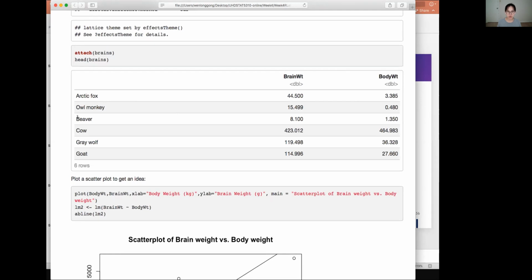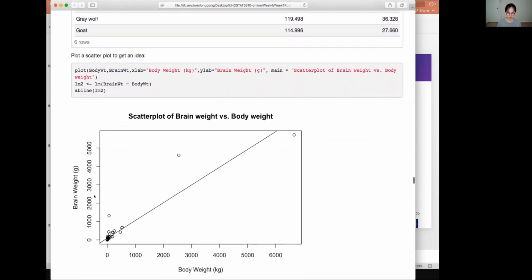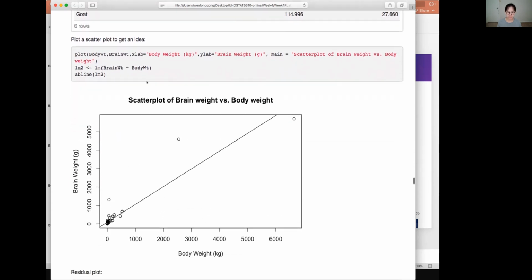If you take a look at the first few records, when you do the head of the data set, you will see the first couple of records like this. You have brain weight and body weight. First of all, do a scatter plot, right?